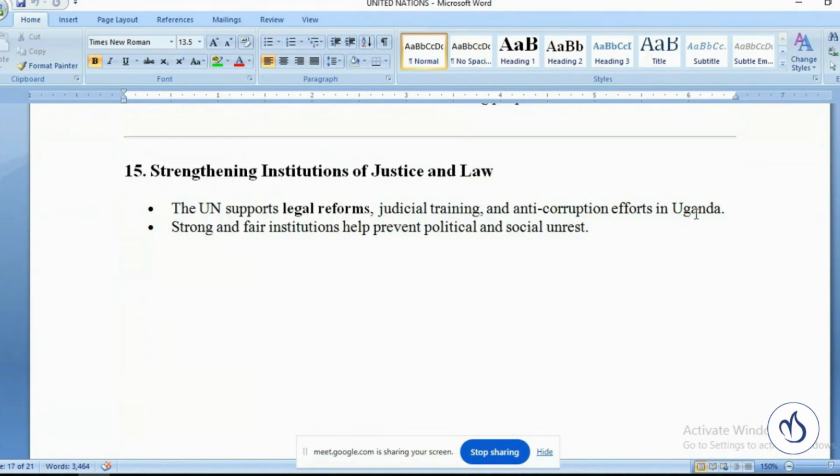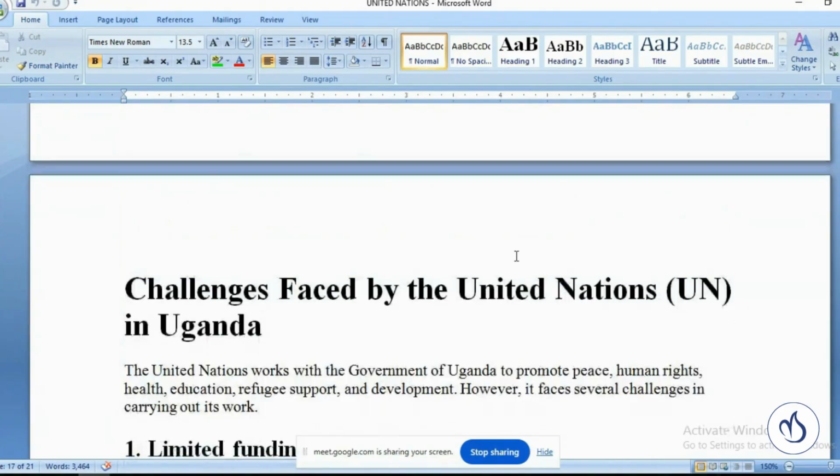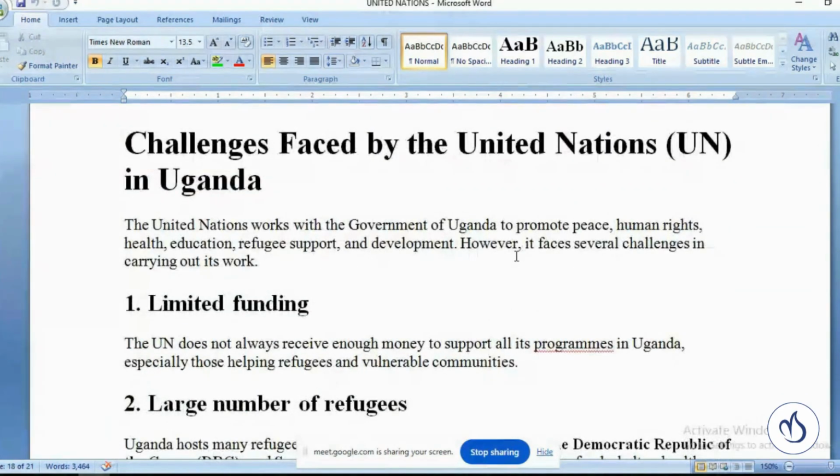Let's call these lawyers and retrain them on how to improve justice. Strong and fair institutions help prevent political and social unrest.